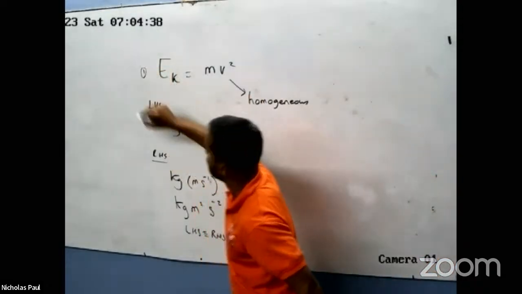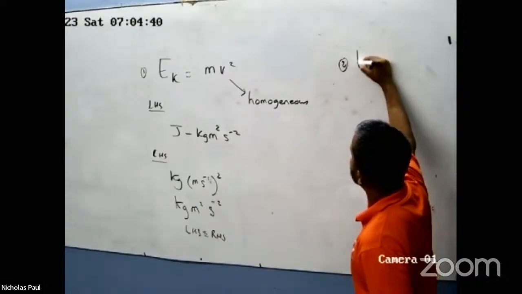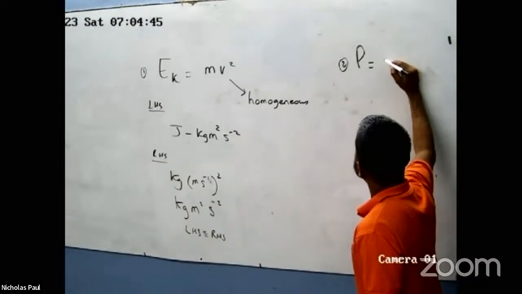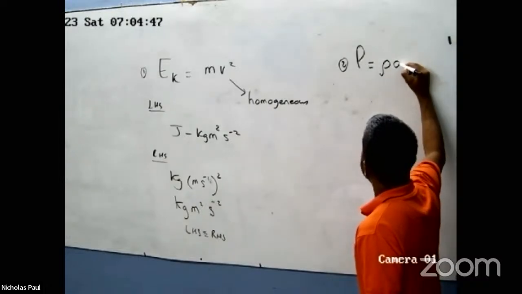Tell me if this equation is homogeneous. Pressure is equal to density by gravity by height.